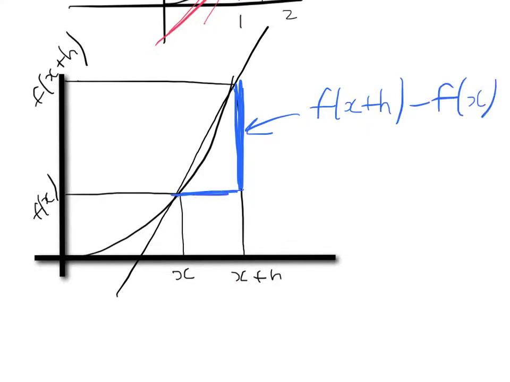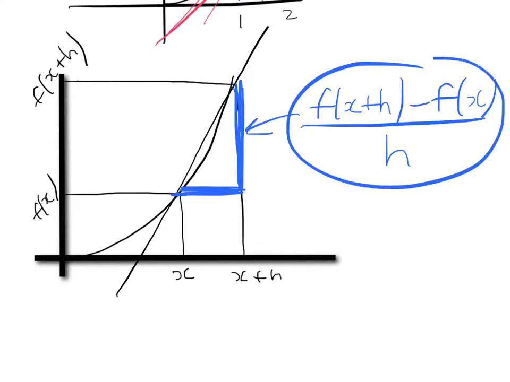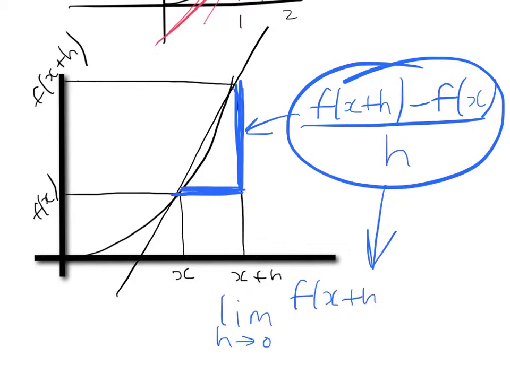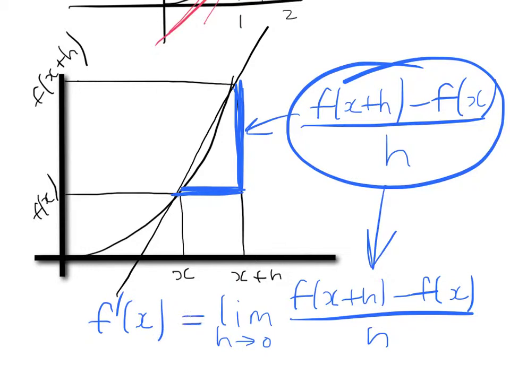The run between x and x plus h is just h. That is the gradient of that line. Now what we want is the limit as h tends to 0 of that. That is how Newton defined what the derivative actually is. So f dash x is that thing there.